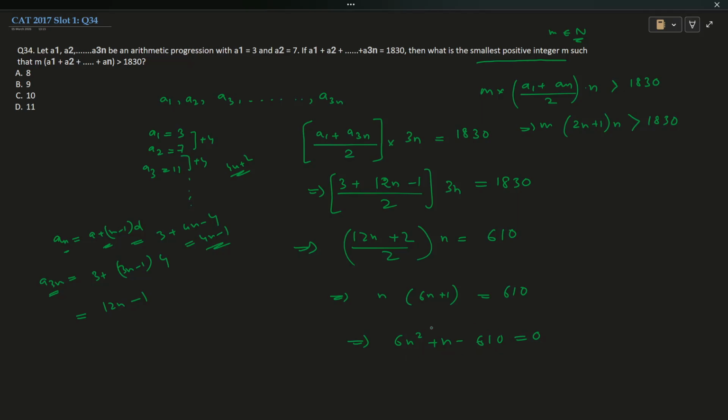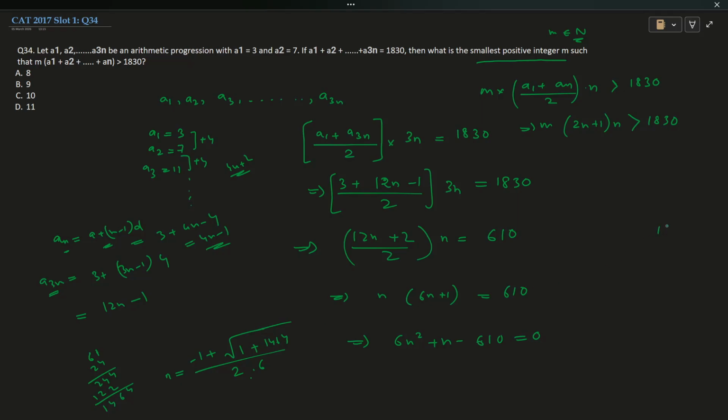I can find the value of n from here. Correct? I will just use directly the quadratic formula. So n equal to minus b plus under root of b square minus 4ac, by twice a, into 6, right?